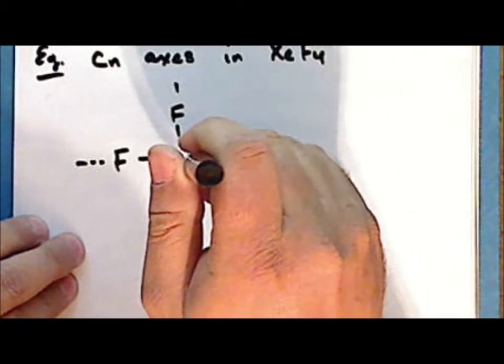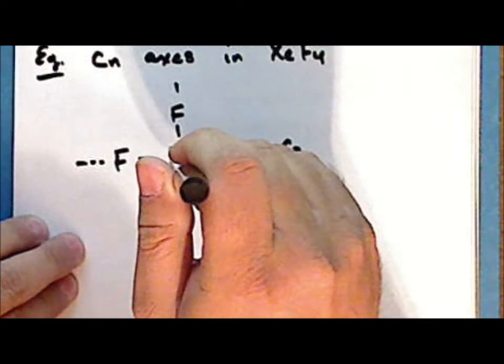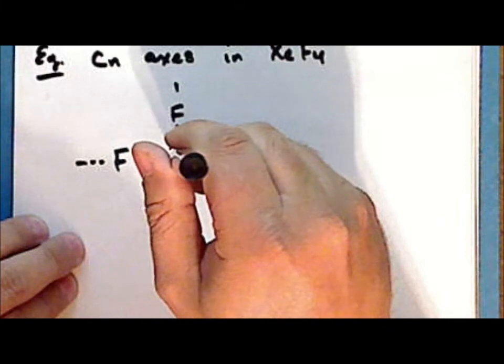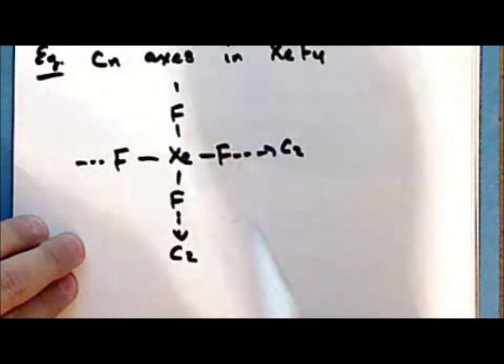Now, if we consider the axis that is perpendicular to this plane and passes through the central molecule, then we can rotate 90 degrees about this axis, and the molecule is identical.